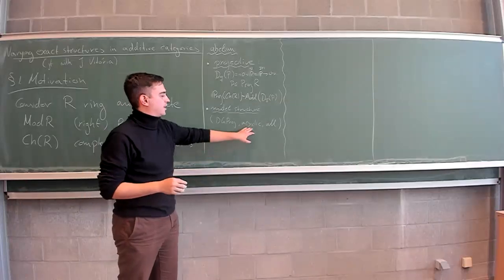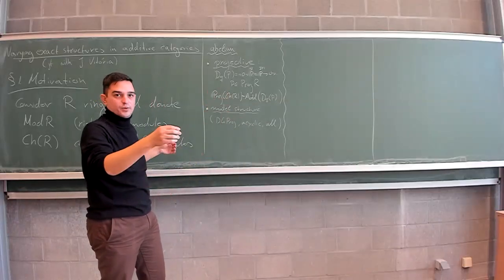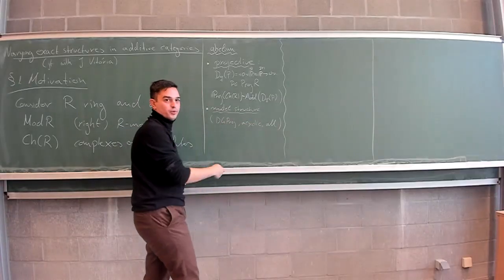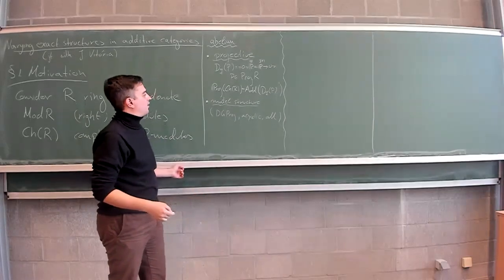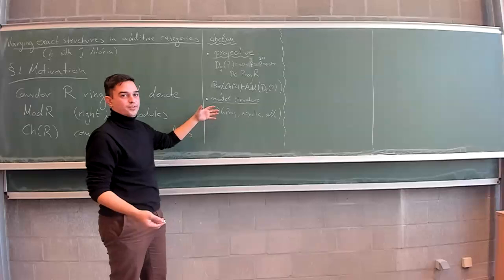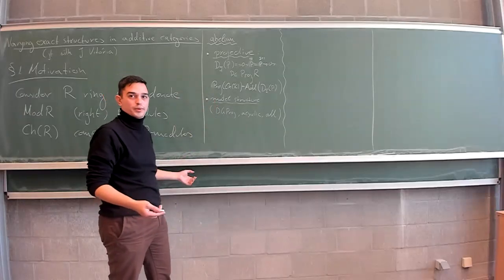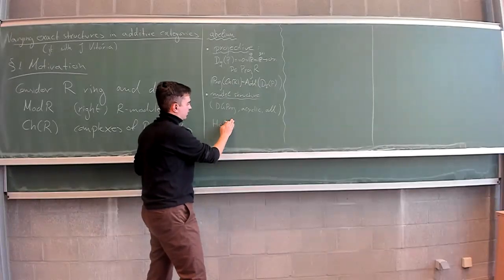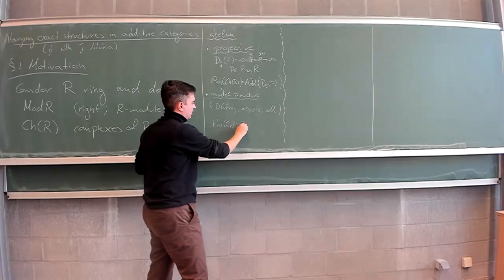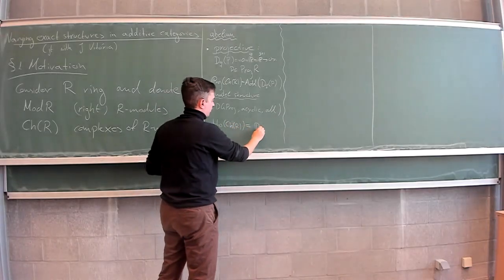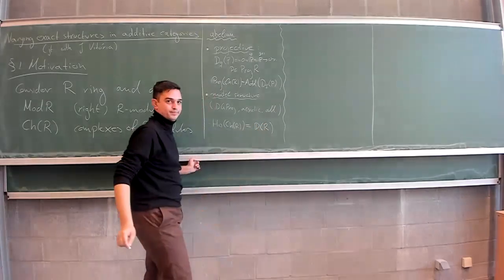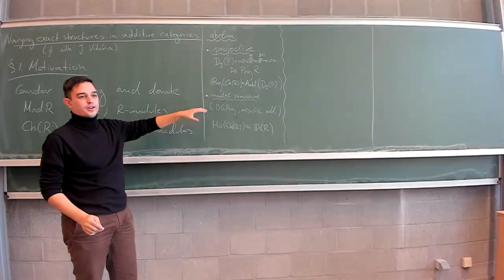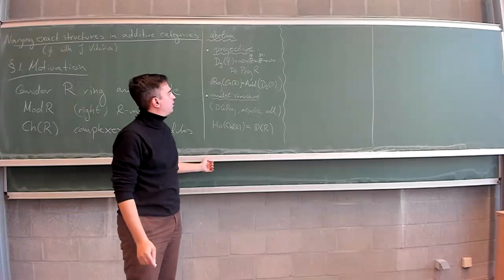Okay? An acyclic complex is a complex that is exact, so it's an exact sequence of R-modules, and these are going to be your trivial objects, these are the cofibrant objects, everything is going to be fibrant in this exact model structure. And when you have an exact model structure, then you can define the homotopy category, and this homotopy category, let's say of complexes, in this case is nothing more than the derived category of the ring. Okay? This means that the weak equivalences that you assume in this model structure are going to be quasi-isomorphisms.